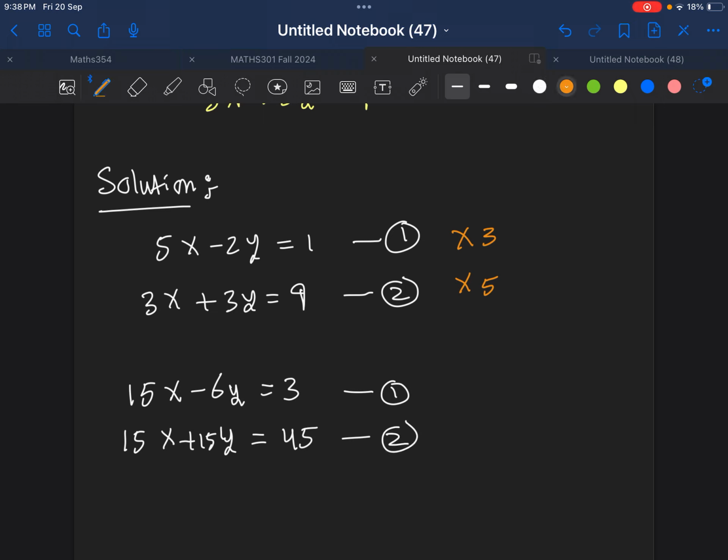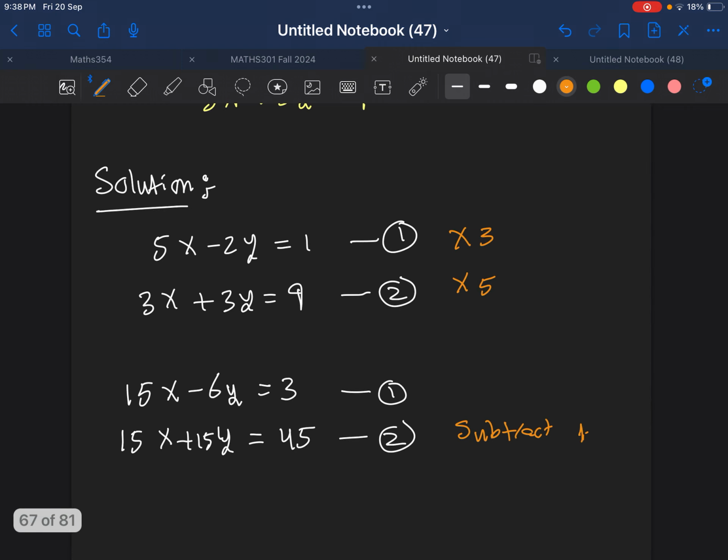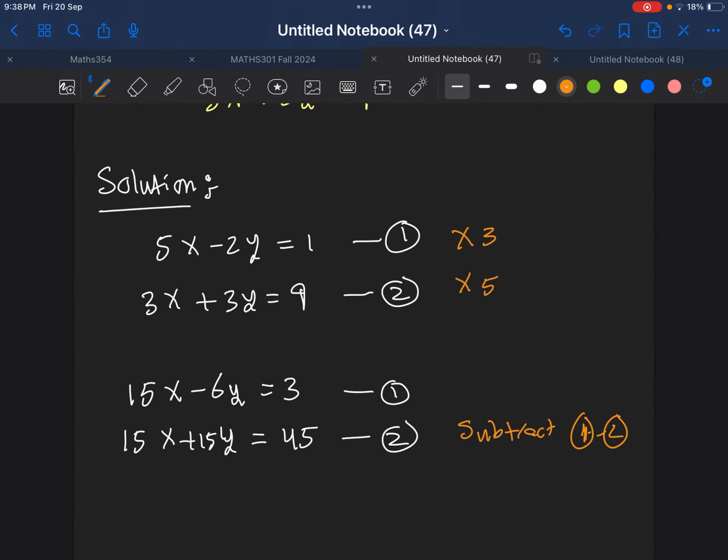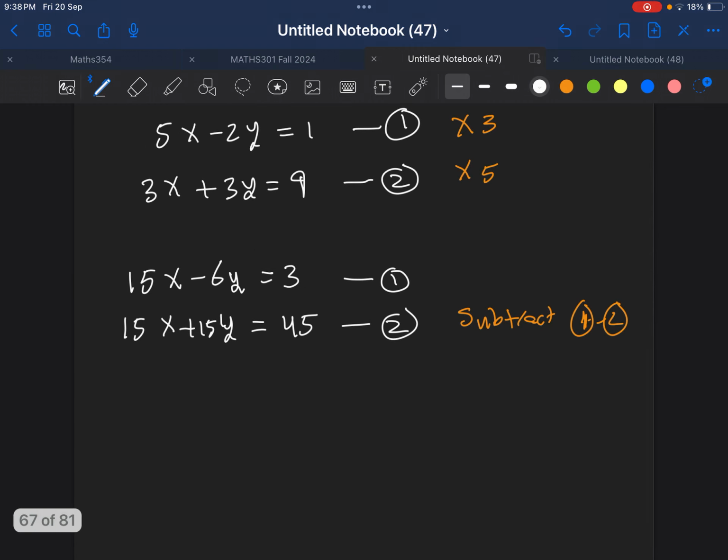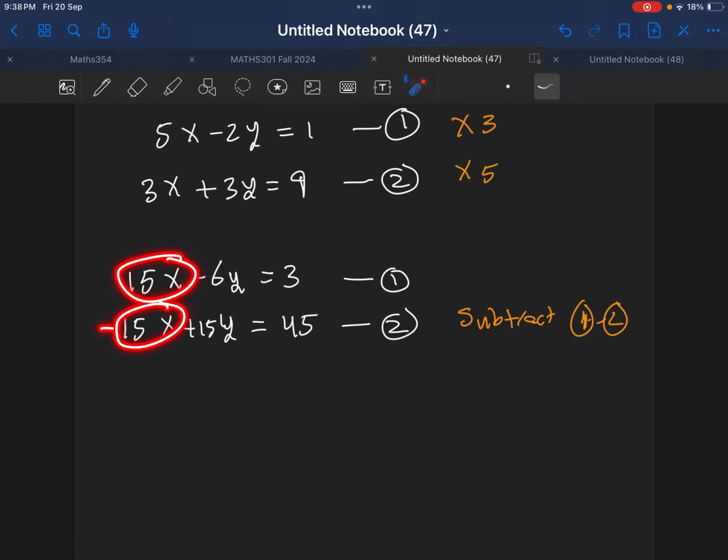Now the two numbers are the same, so the best way to cancel the x is to subtract 1 minus 2. So we do 1 minus 2, and if we do 15x minus 15x, they cancel.